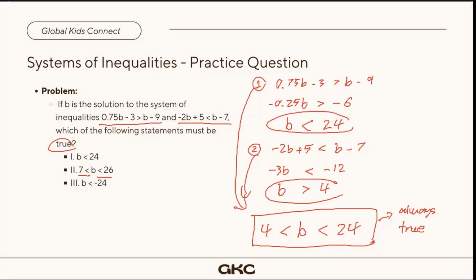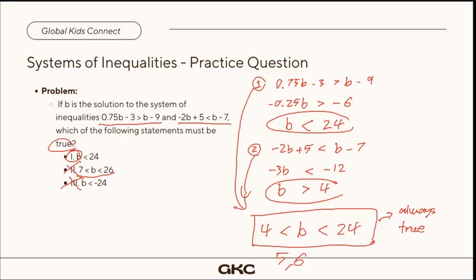Ah, okay, I see. Thank you so much for that catch. I do believe what you said is correct. Apologies, I think I glossed over that part. For statement two, like I expressed, any values within the general inequality must also fit within the statements. However, because the second statement requires b to be greater than 7, and we also have values such as 5 and 6 within the general inequality, we cannot say that statement 2 is always correct.